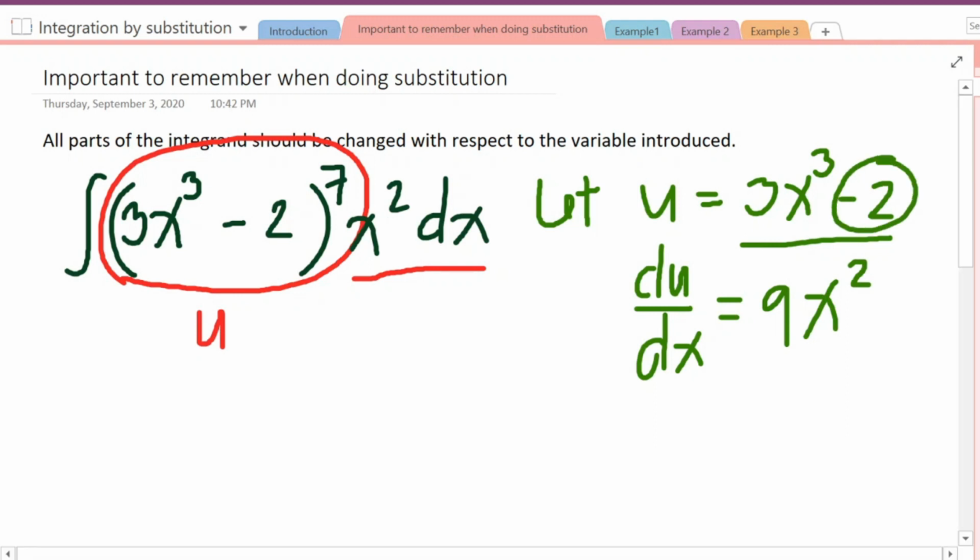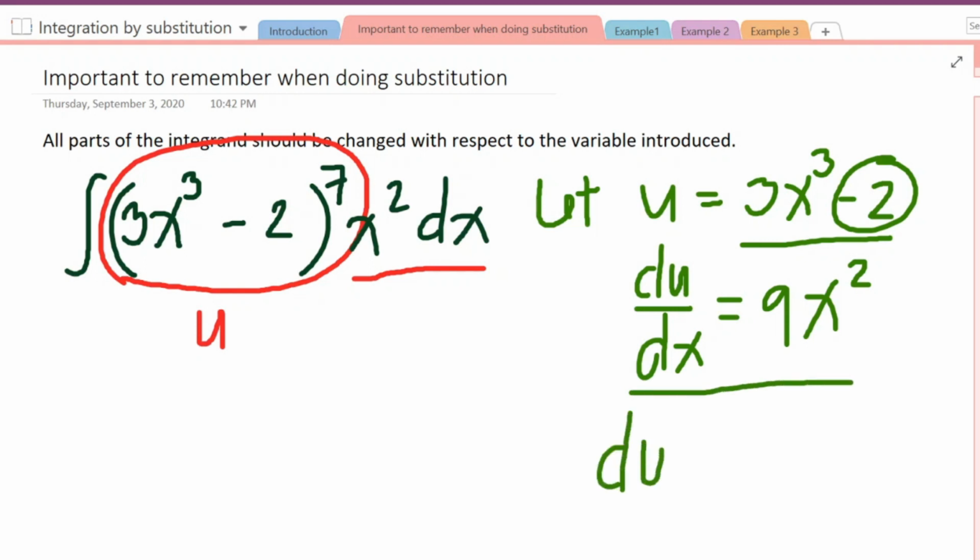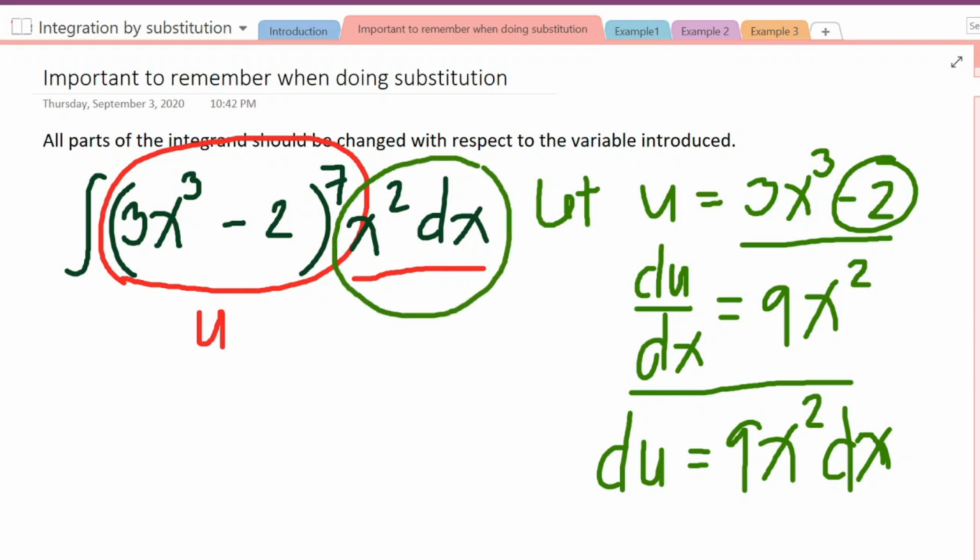The derivative of negative 2 is of course 0, so the derivative of u with respect to x is just 9x squared. From this equation, we can write du equal to 9x squared dx. But remember that we are only looking for a substitute of x squared dx. So if you notice, that expression is the same as with this one.